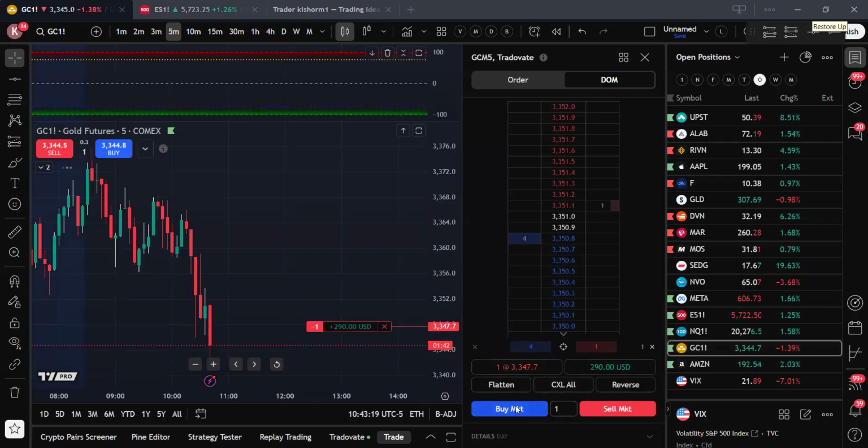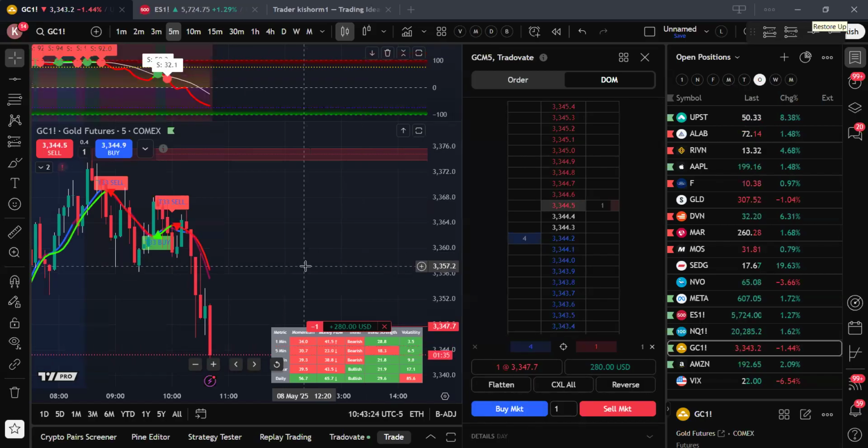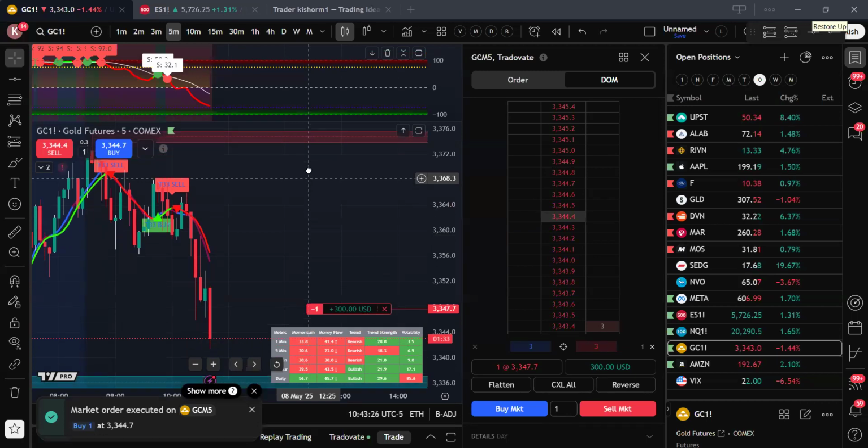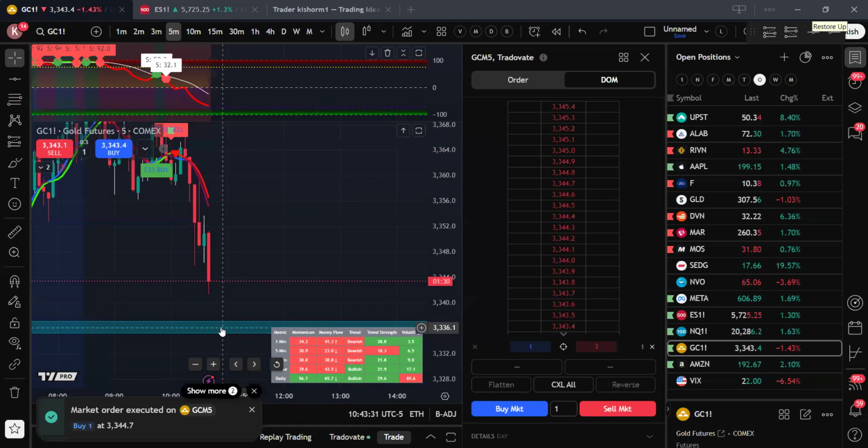GC made another $300. I'm taking profits one more time. This is the support. Can come all the way here and then again bounce back.